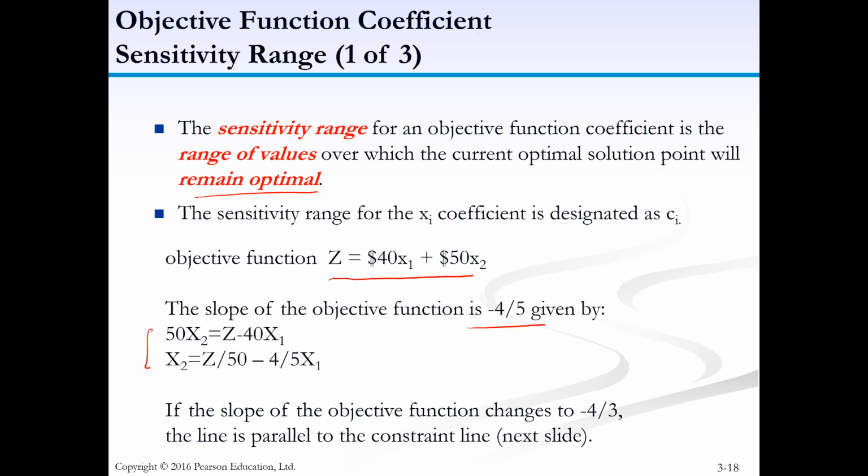Now if the slope of the objective function changes to minus 4 over 3, the line is parallel to the constraint line. This is in the next slide.